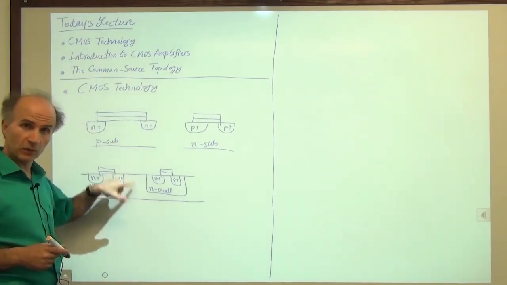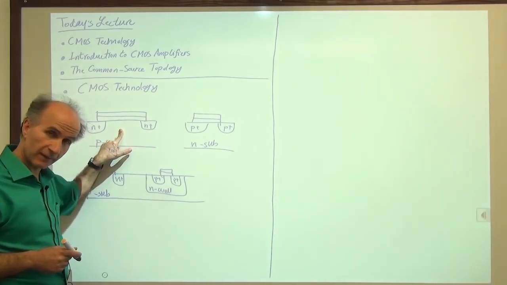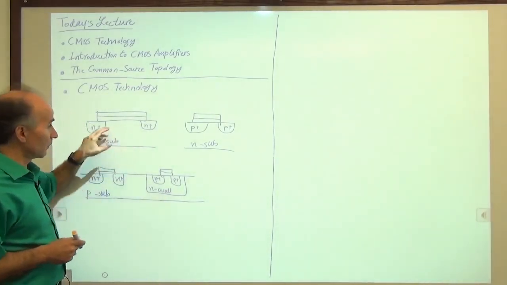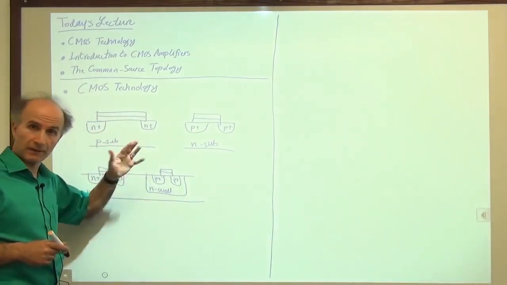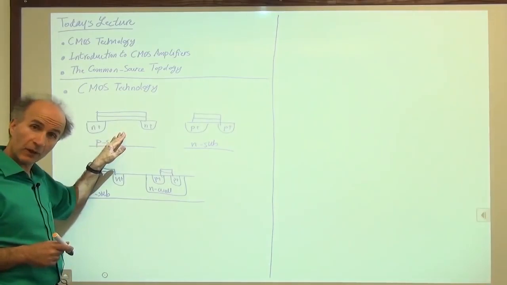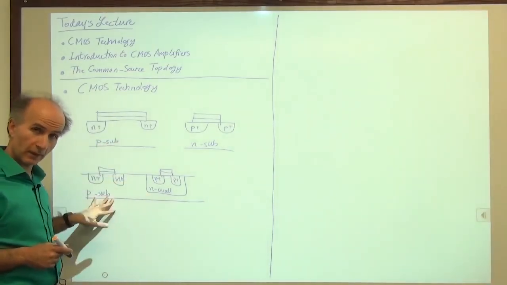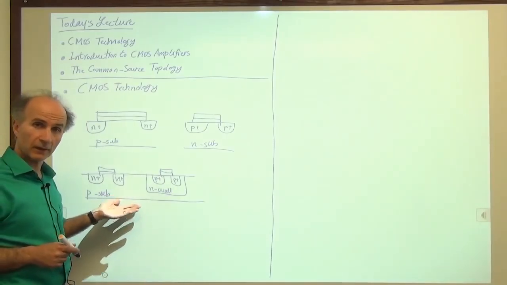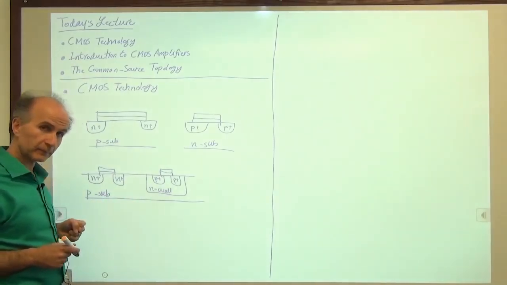We should not do this. We should stay with only N-type devices. But as they say, that's history. And what happened in the early 70s and so, we gradually went from only N-type devices to P-type complementary devices. And now, of course, this is the dominant technology that we have.